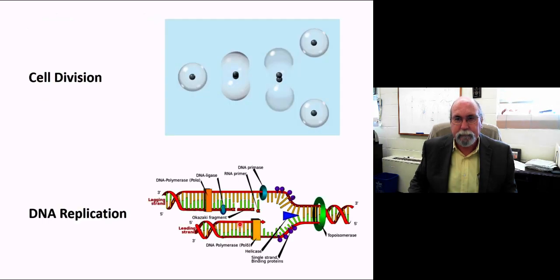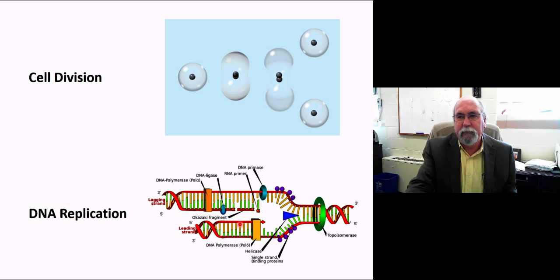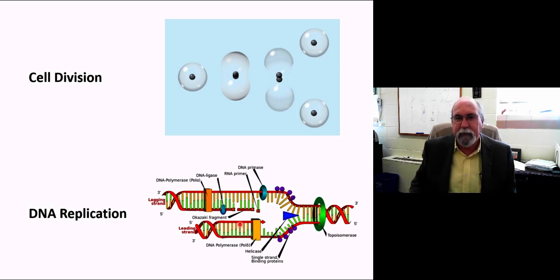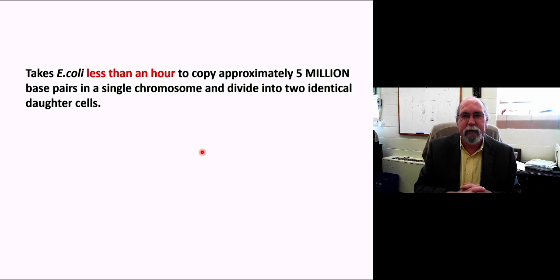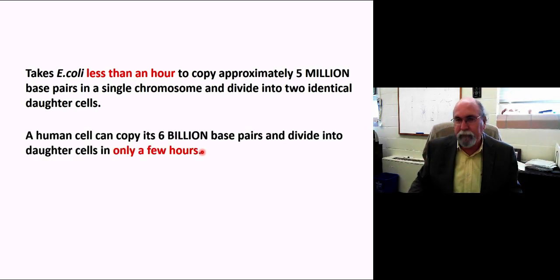All right. So let's talk about DNA replication. Talk about this fairly complex problem that, after 50 years, we are still trying to understand. Okay. Now, just to point out what's going on here, we take something like an E. coli. E. coli has approximately 5 million base pairs in a single chromosome, and it takes less than an hour for that replication to occur.